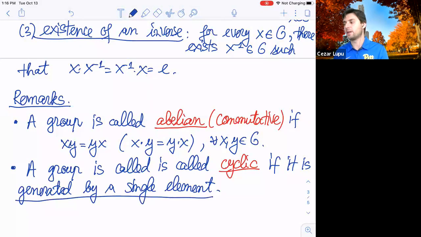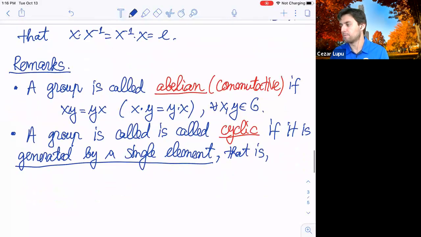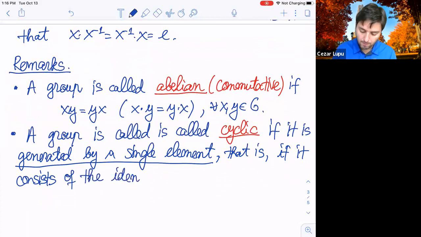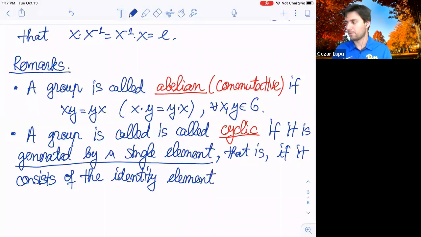This is what we call a cyclic group. That is, if it consists of the identity element and powers of some element.